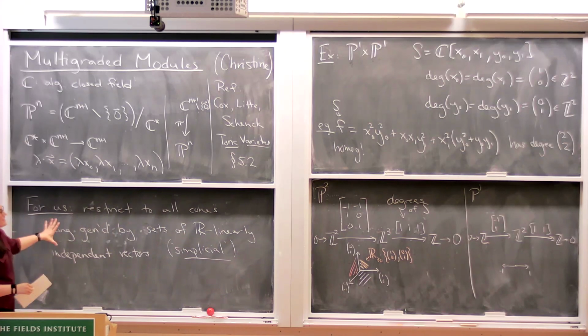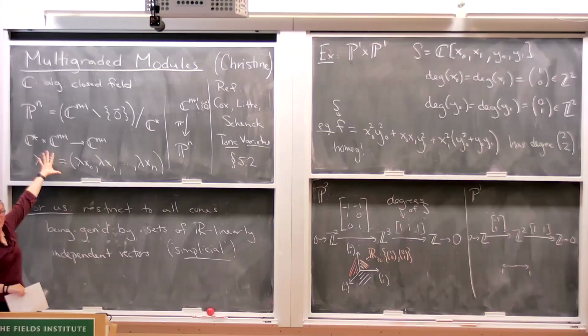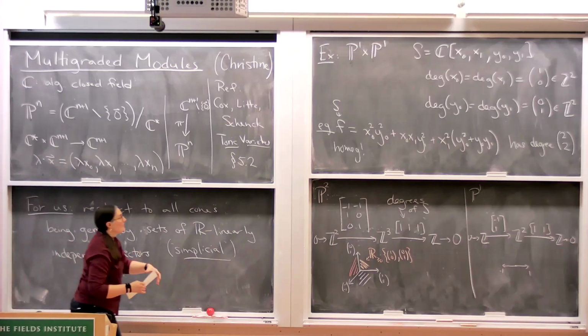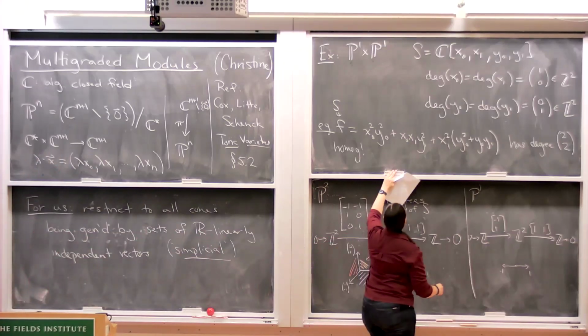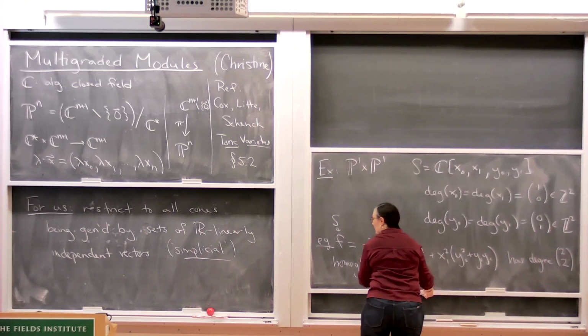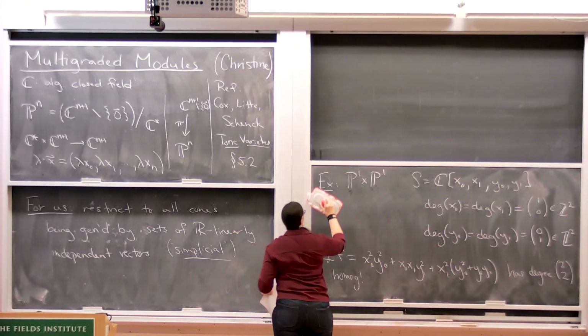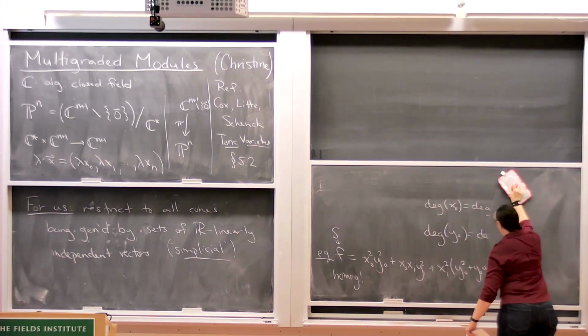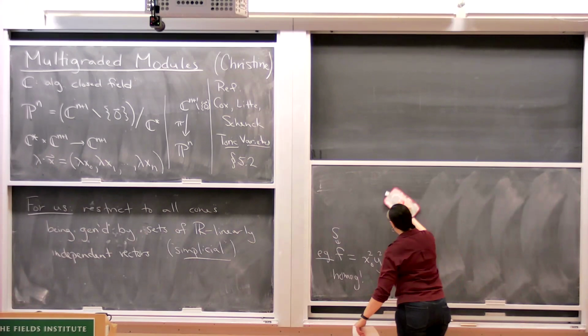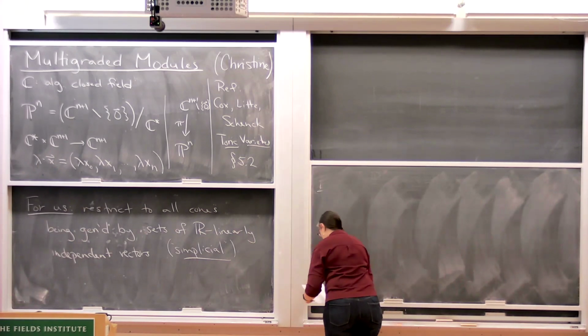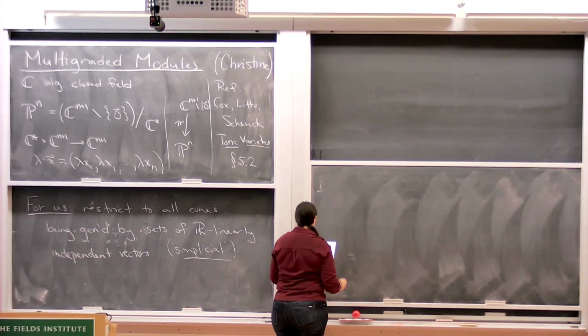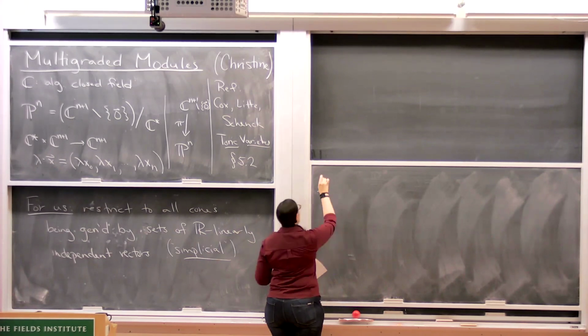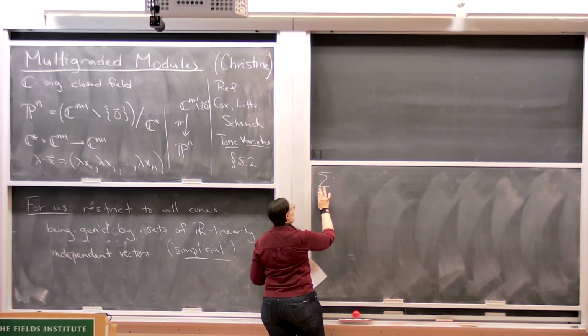So from this, now I can define sort of the generalization of this picture. Let's let sigma be a simplicial fan.